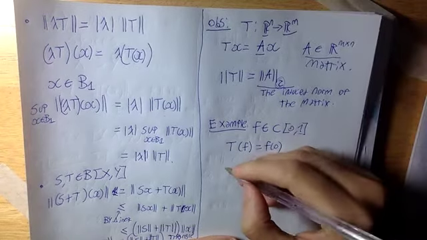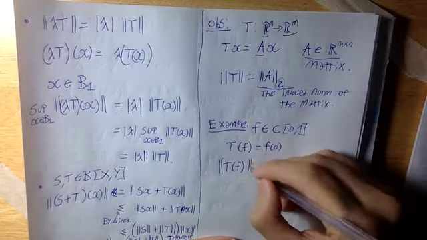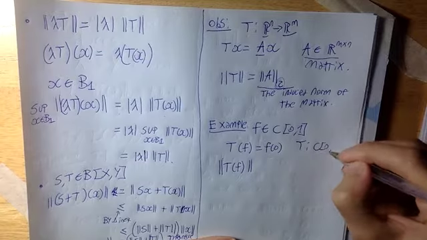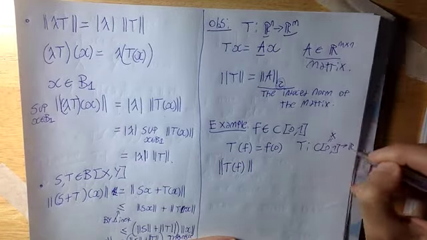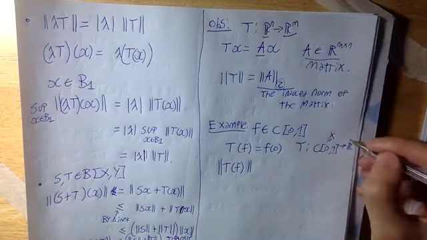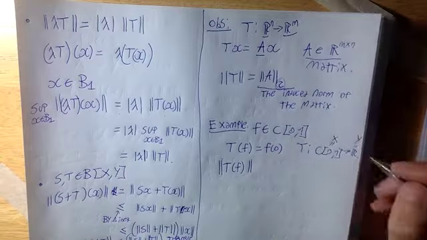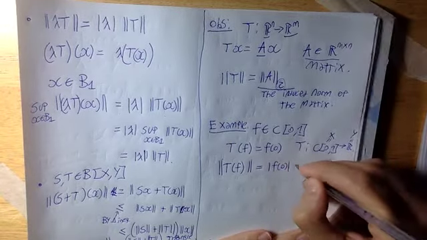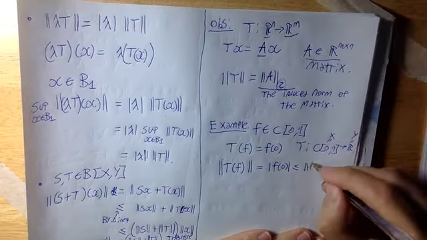What we should note is that T goes from C[0,1], this is my X, to R, this is my Y. So the norm in Y is just the absolute value, so the norm of T of f is just the modulus of f of 0, which, as we have shown before, is bounded: it is less or equal than the norm of f infinity.